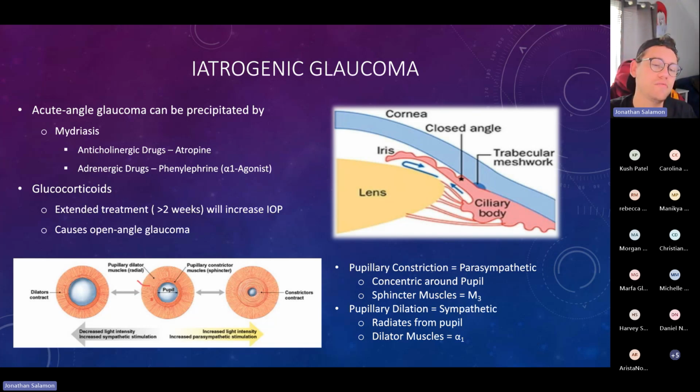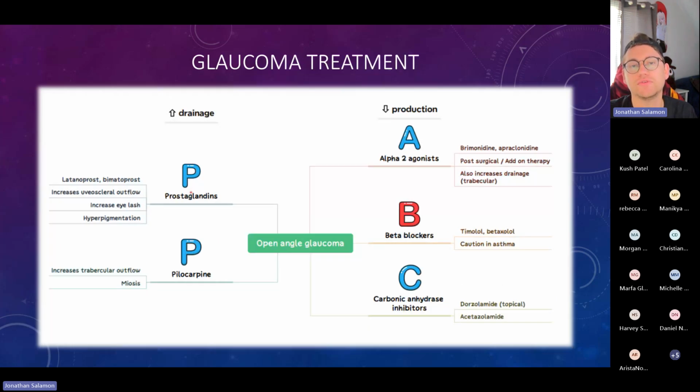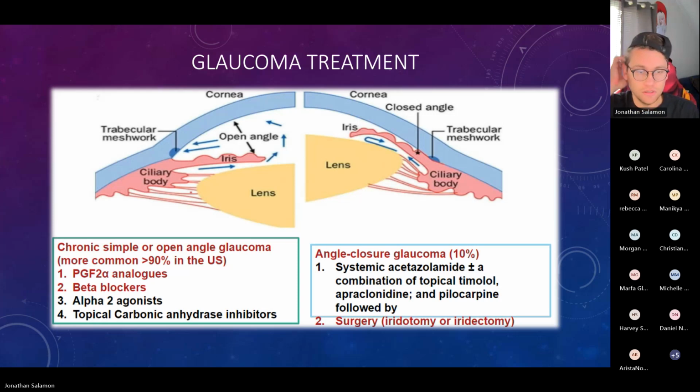So we have radiating fibers that come out, and those are the dilator muscles, and those are sympathetically controlled, right? So giving someone an anticholinergic drug or an alpha 1 agonist can dilate the pupil, and then you can precipitate closed angle glaucoma.